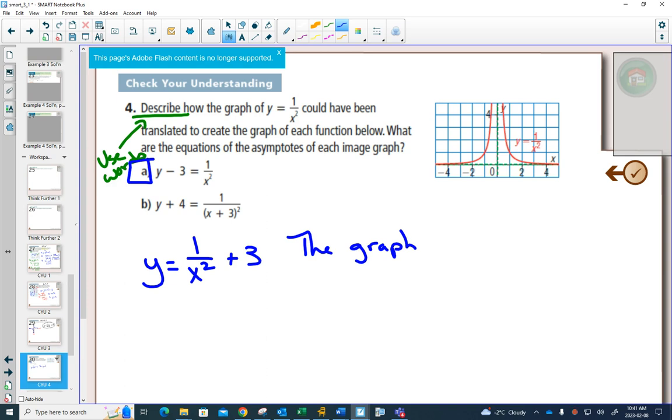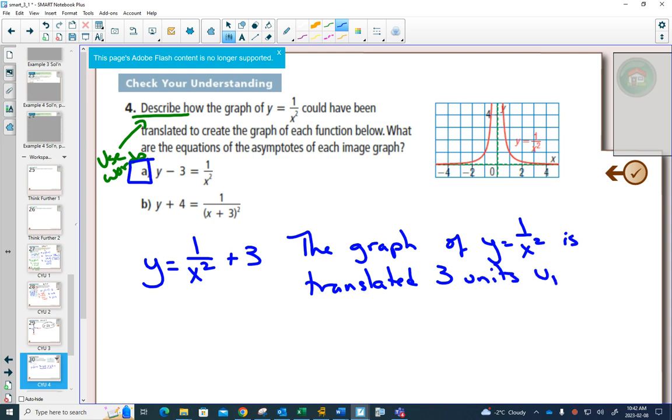So how would we describe it? The graph of y equals 1 over x squared is translated 3 units up. That would be describing in words how it could be translated to create this new graph.